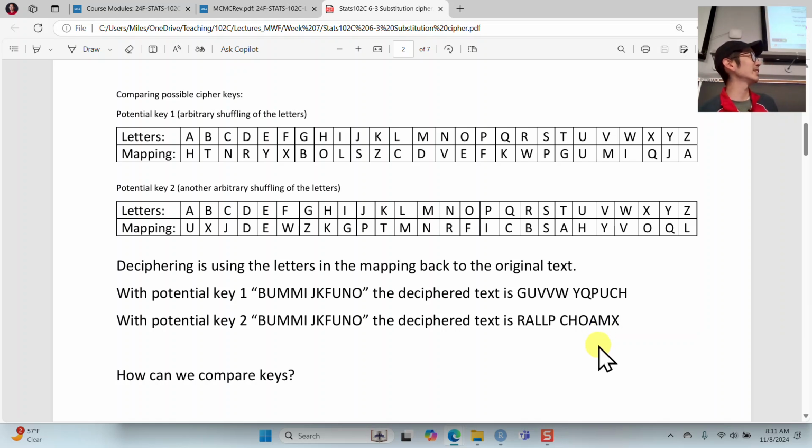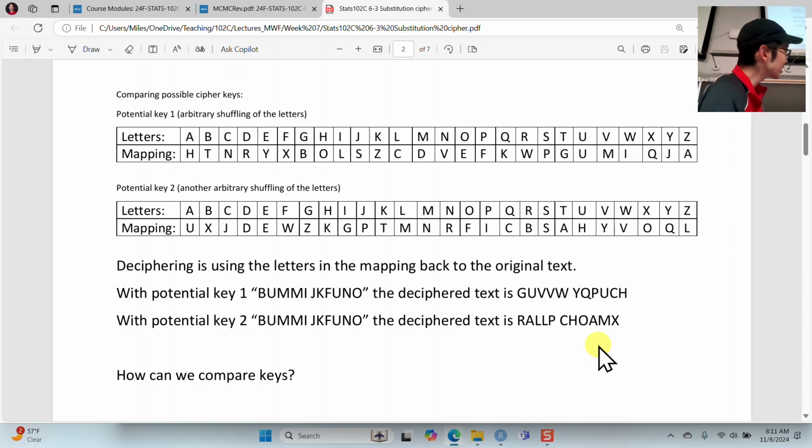And you go, oh, well, that doesn't seem right either. So you have these two possible keys that you could use, and neither of them seem correct. And so you could throw up your hands and say, I give up.